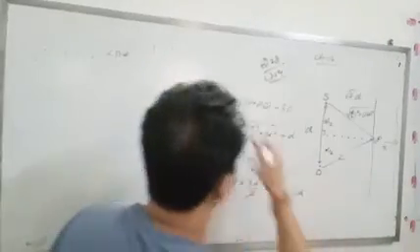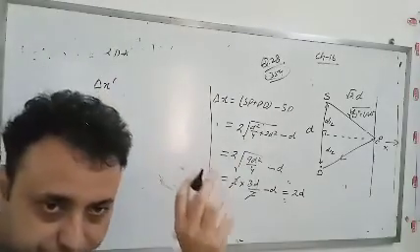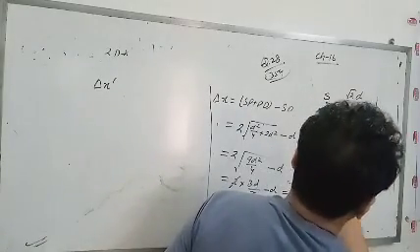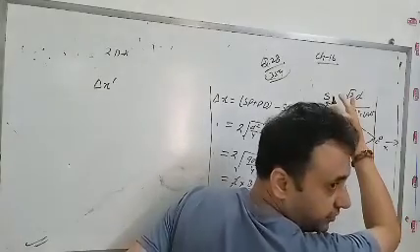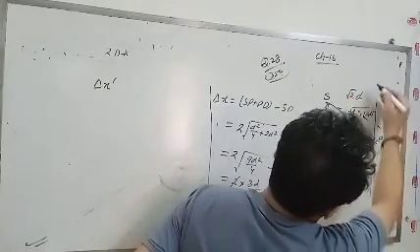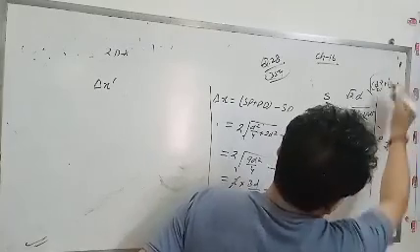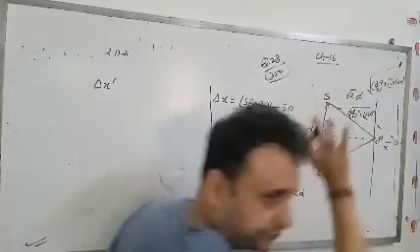So in the second case, delta x dash: now the distance will be root 2d plus x, so this will be (d by 2) whole square plus (root 2d plus x) whole square.